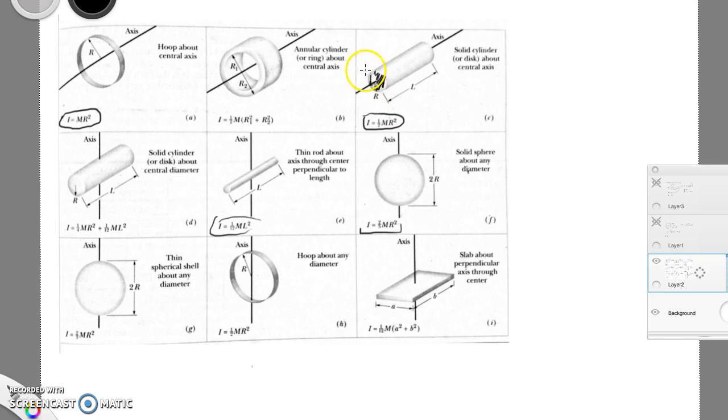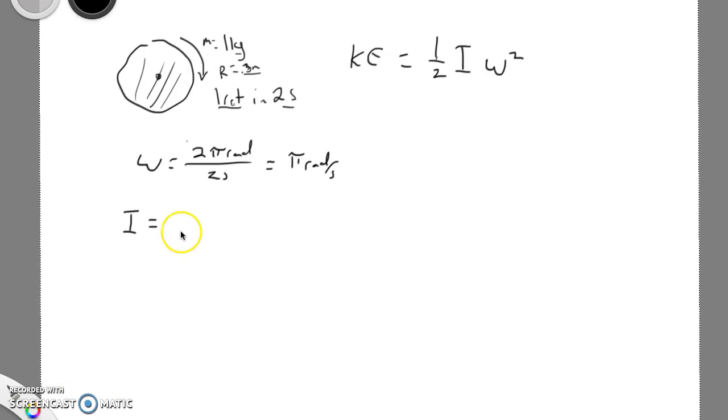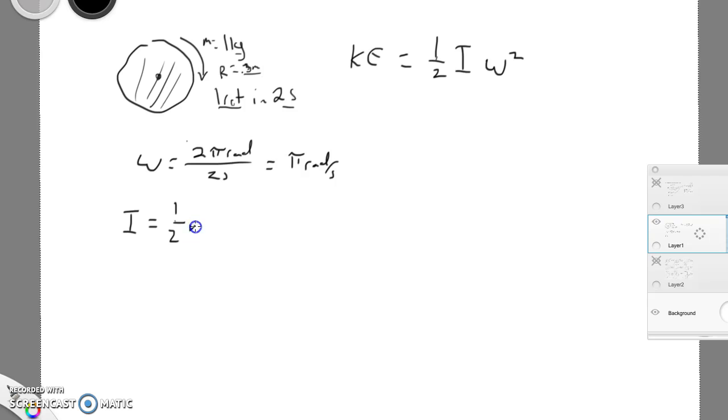So this is going to be a really common one. If you're looking at the rotation of that face, that's what we're going to use. So I is equal to 1/2 mr squared.